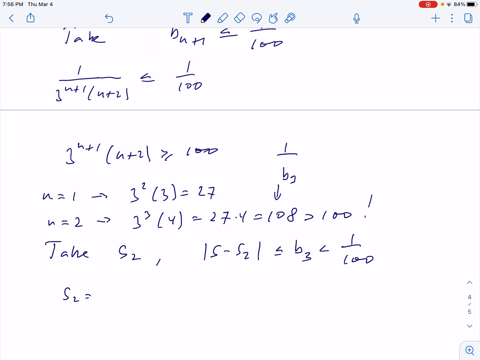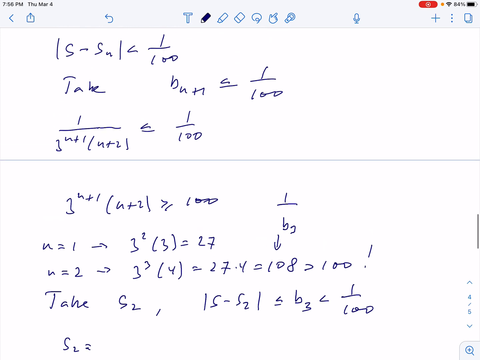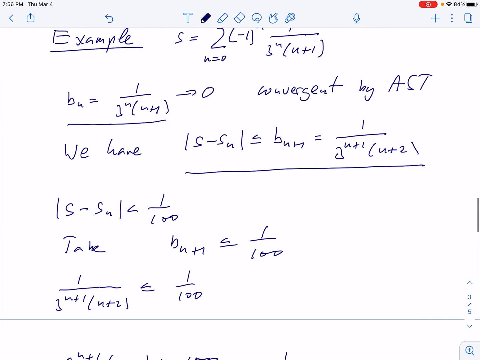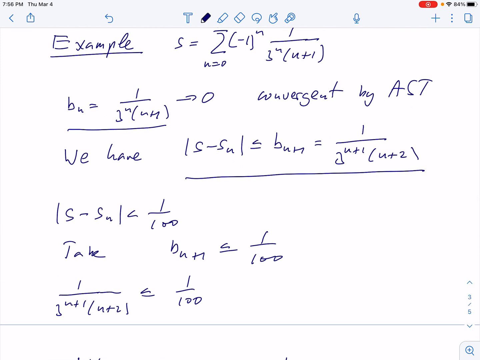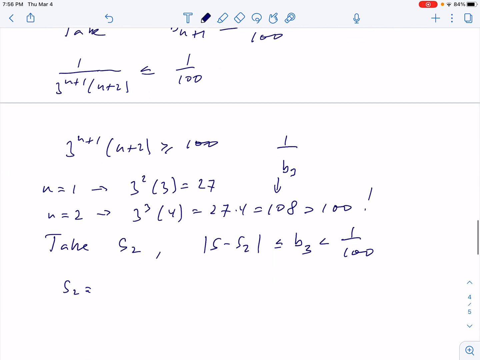S2, reading the series. Let's look at the series again. We're starting from 0. So S2 will be negative 1 to the power 0 times b0, plus negative 1 to the first power times b1, plus negative 1 squared times b2.